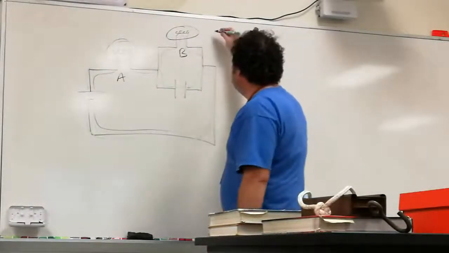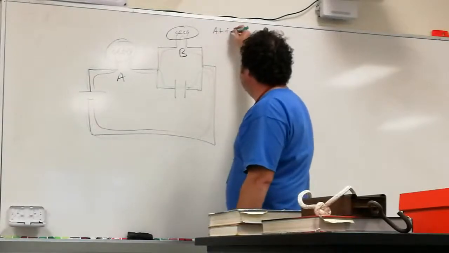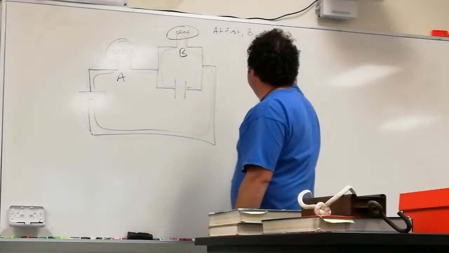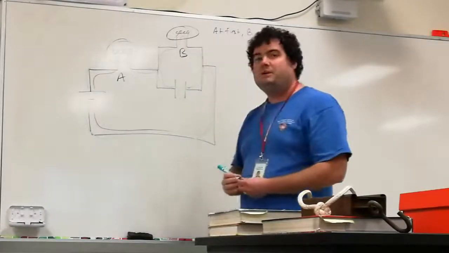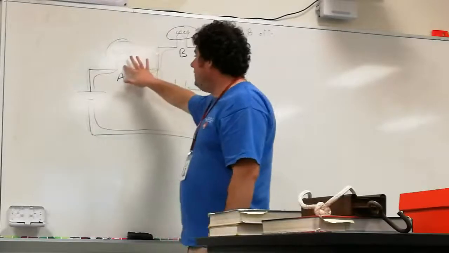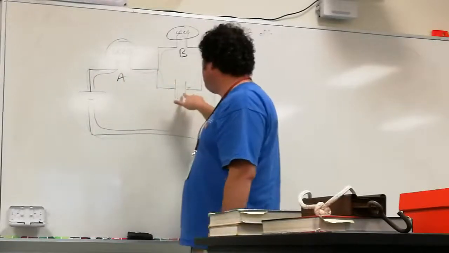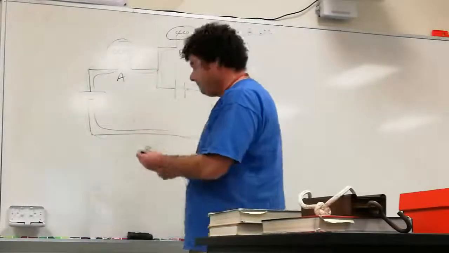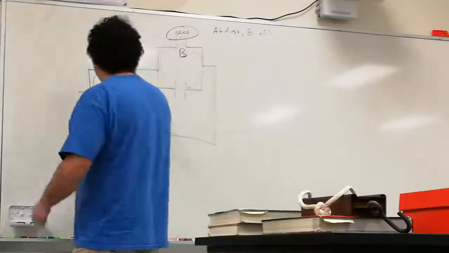So at first, B is off. How about A? Well, A is going to have a lot of current because it's basically the only thing in the circuit at first, or it appears to be. So at first we expect A to be bright.